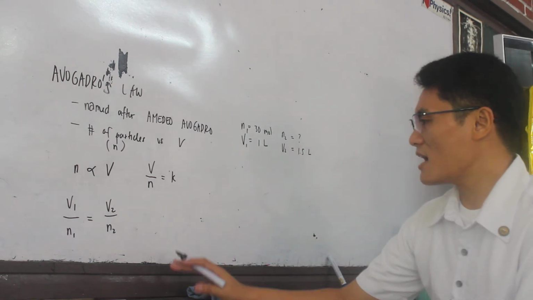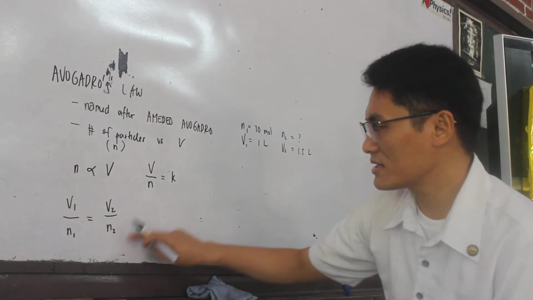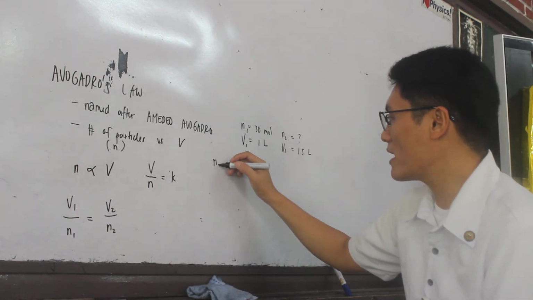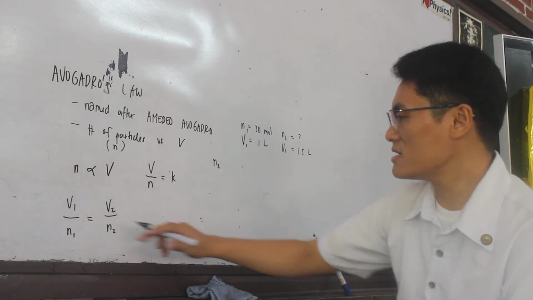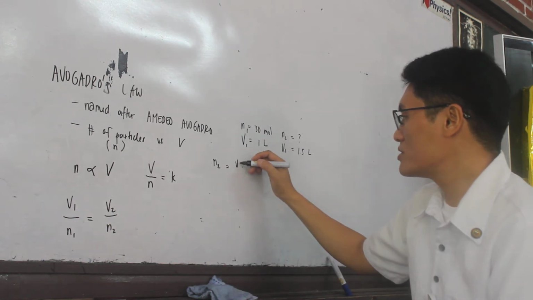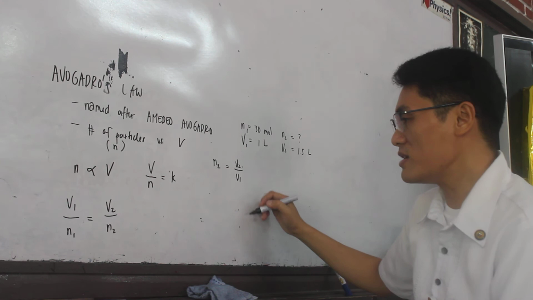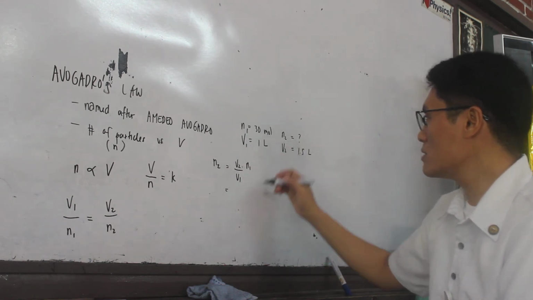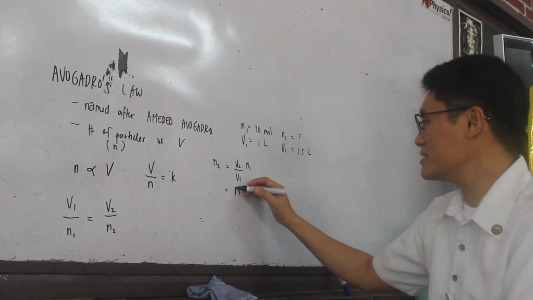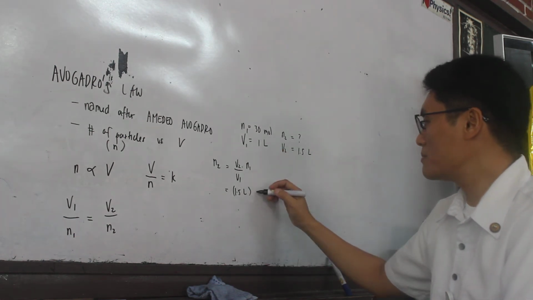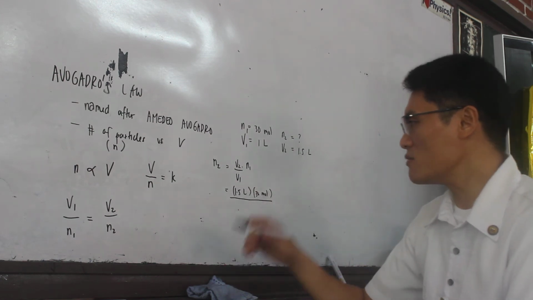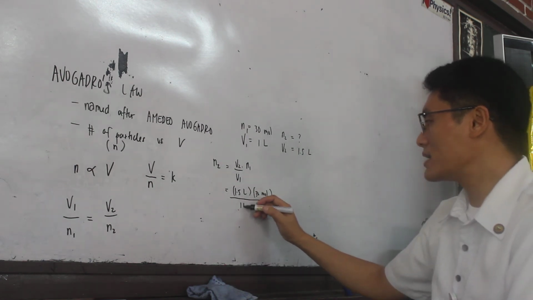Just like before, you take a look at the equation and say, I'm solving for N2. Manipulating this, N2 is just V2 divided by V1 times N1. So V2 would be 1.5 liters times N1, which is 30 moles, divided by V1, which is 1 liter.